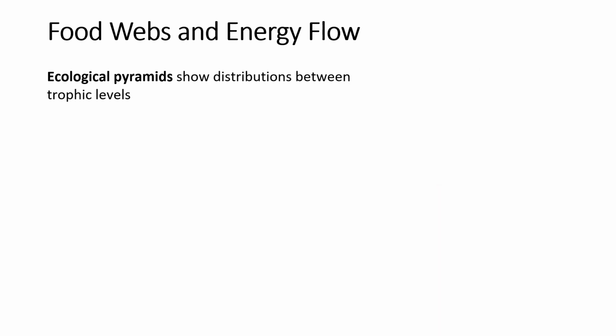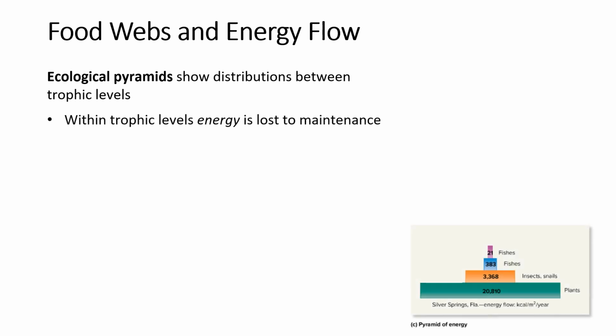But what does this look like on an ecosystem level, right? Well, we have these ecological pyramids to show the distribution of energy between trophic levels. So within a food chain, energy is lost due to maintenance. We can see this here in the example. We have 4 trophic levels here.